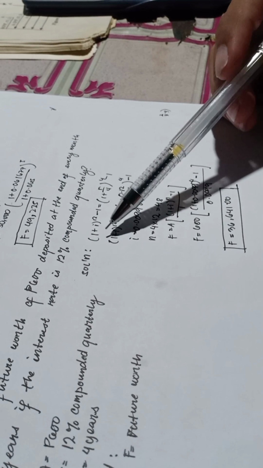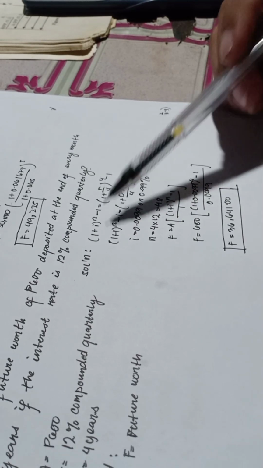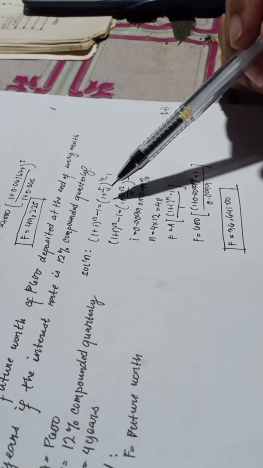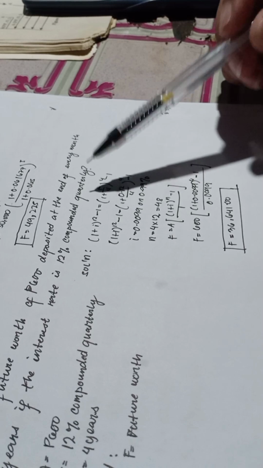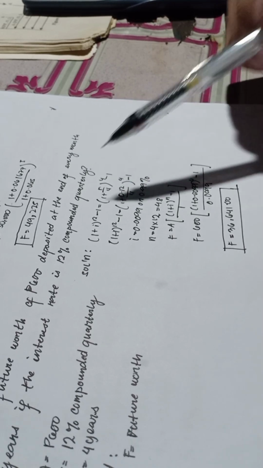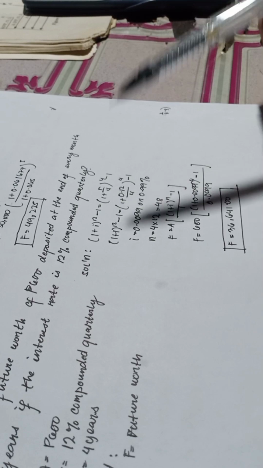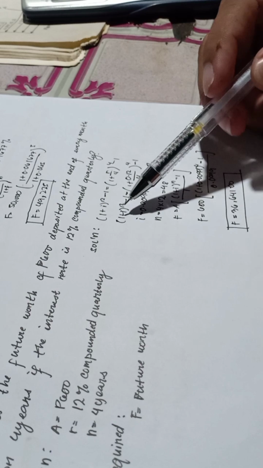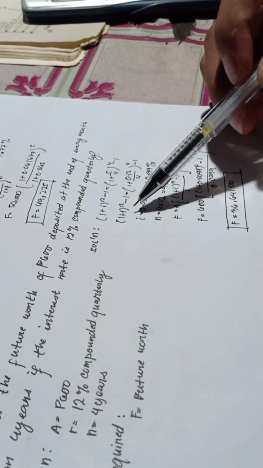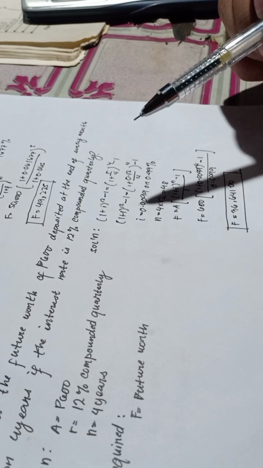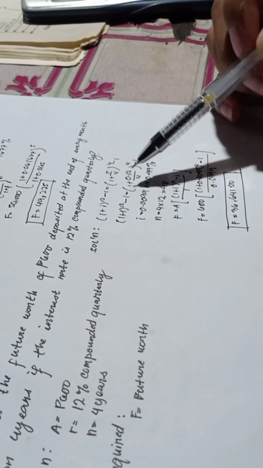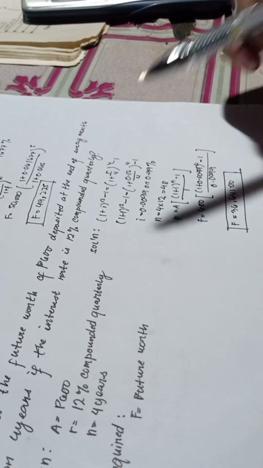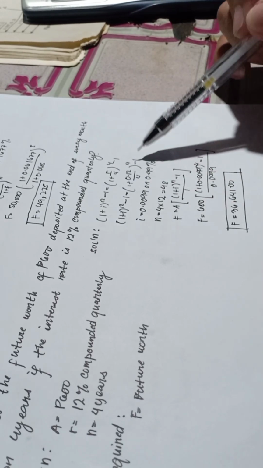So the quantity of 1 plus I raised to the power of 12 minus 1 is equal to the quantity of 1 plus r over 4 raised to the power of 4 minus 1. So the quantity of 1 plus I raised to the power of 12 minus 1 is equal to the quantity of 1 plus 0.12 over 4 raised to the power of 4 minus 1.